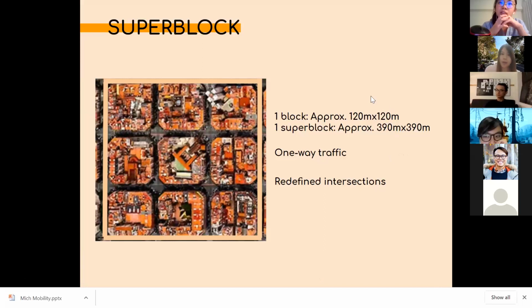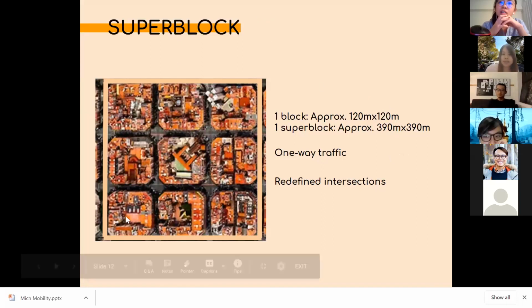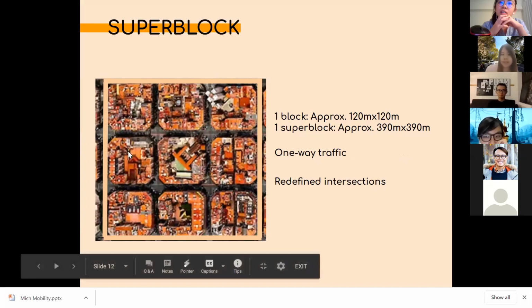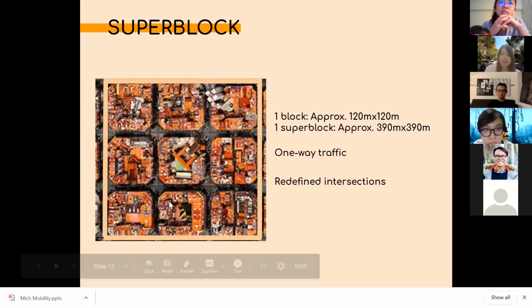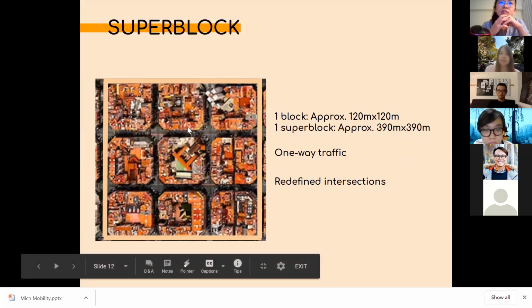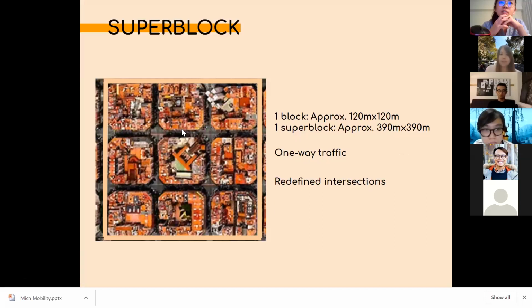Superblock also means that this forms a perimeter, and within the block itself, you can only travel at a very slow speed. But at the perimeter, the vehicles can still move at normal speed, in one-way traffic only.